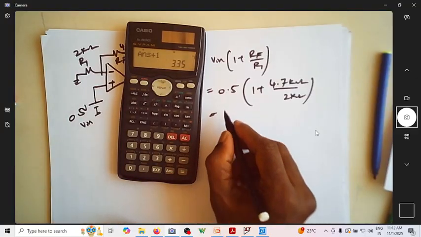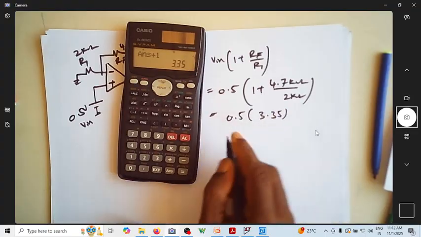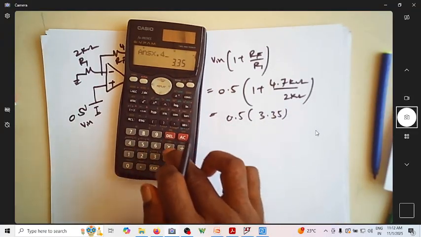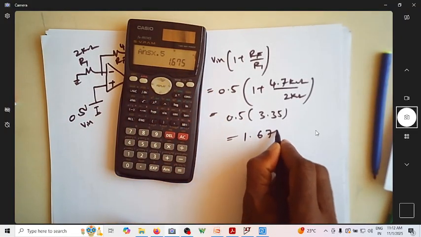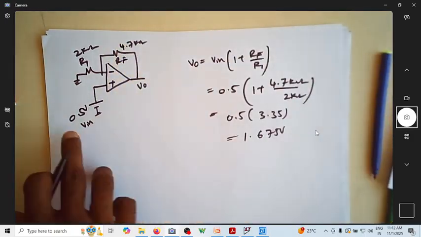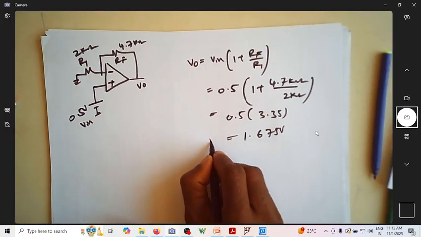It is 3.35, into 0.5. Can you see the output voltage is 1.675 volt? If you apply a 0.5 volt DC voltage, you will get a positive voltage.